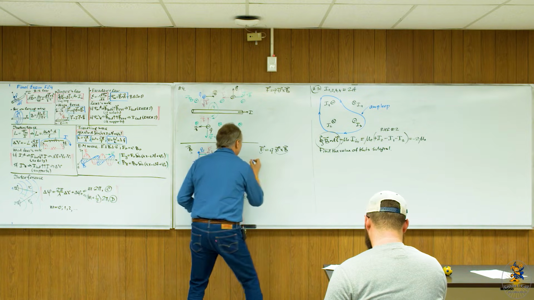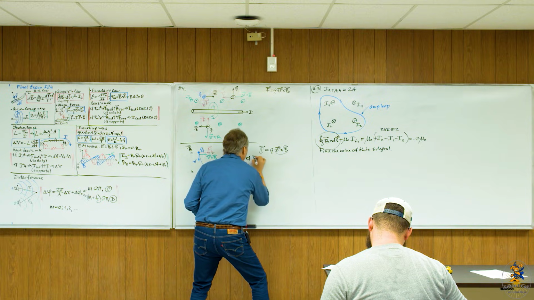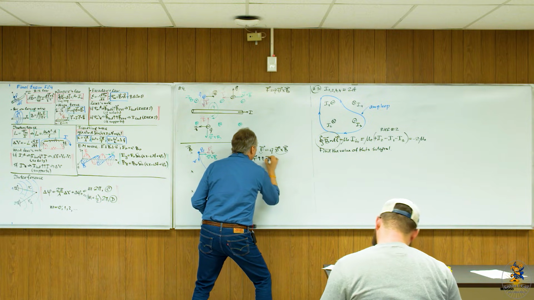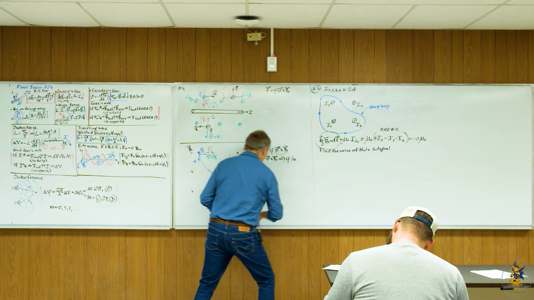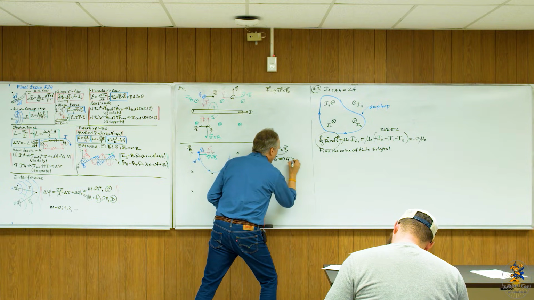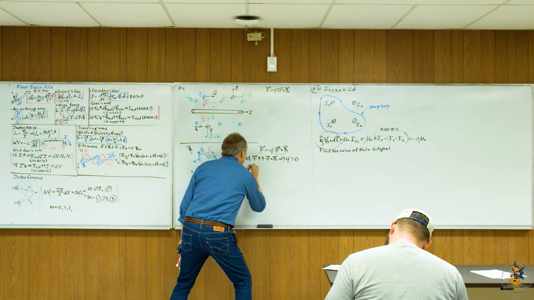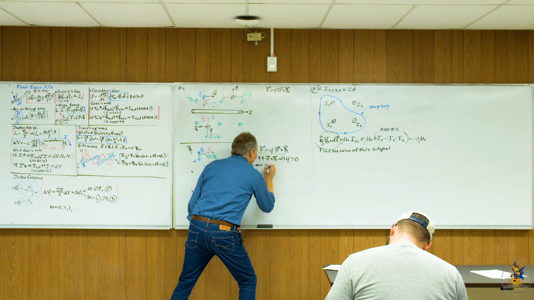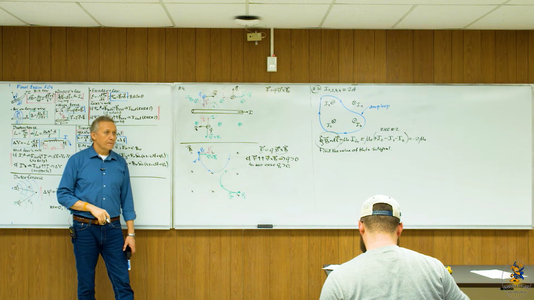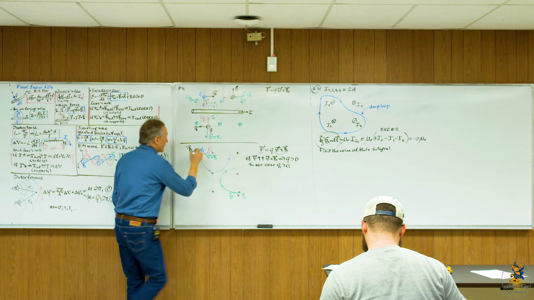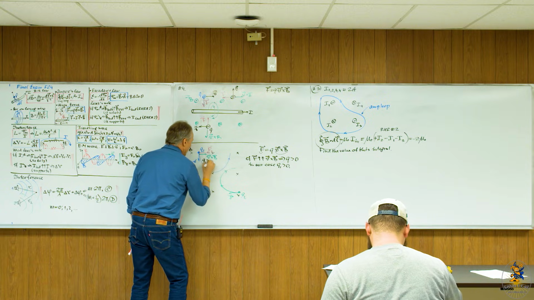Let me write: if F is in the same direction as V cross B, then Q is positive. So in our case, Q1 is positive.